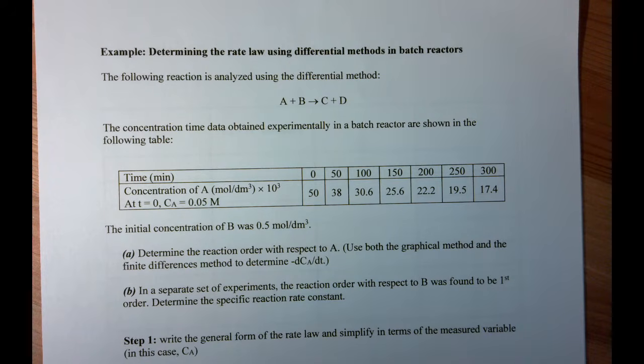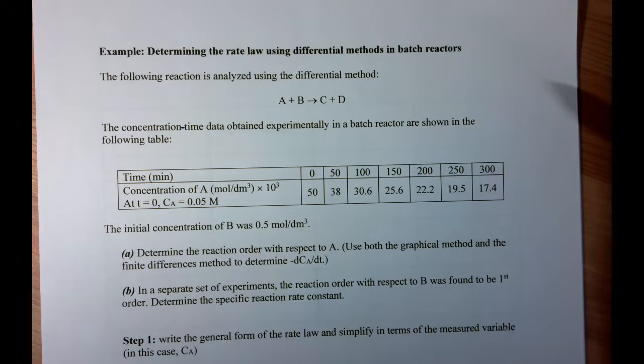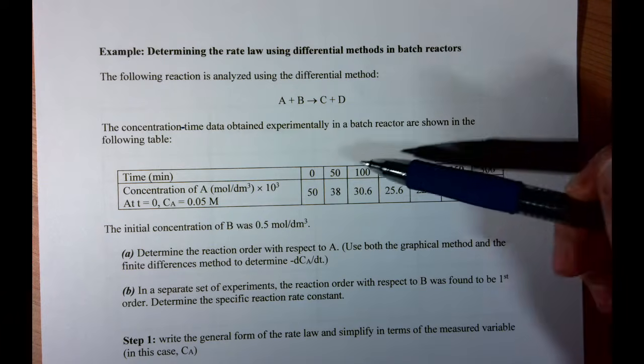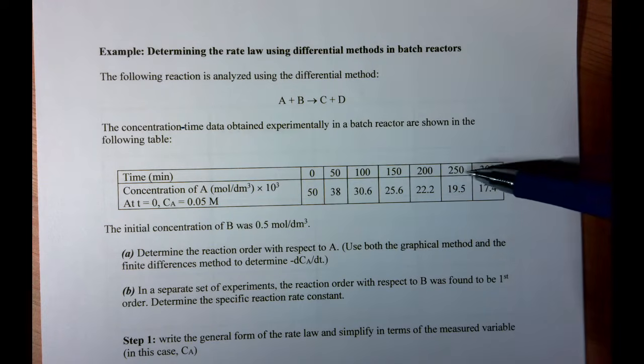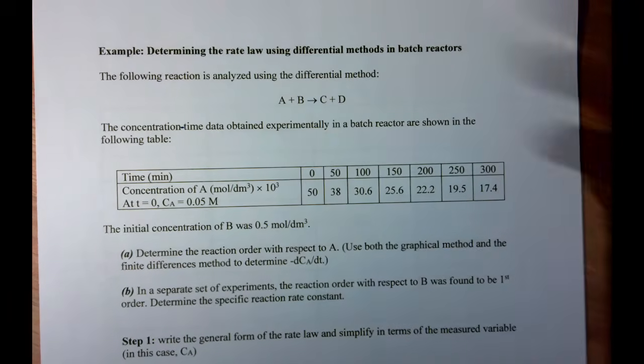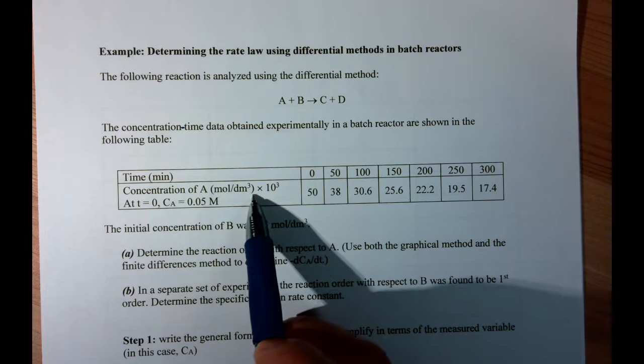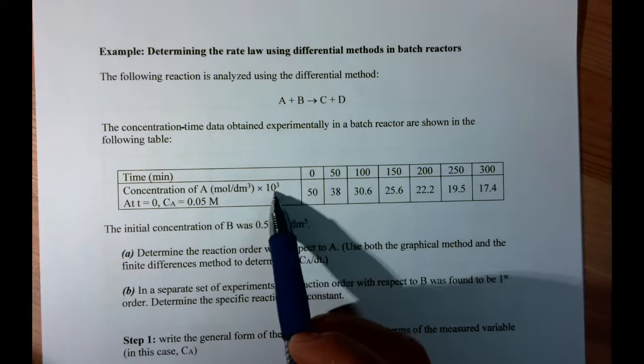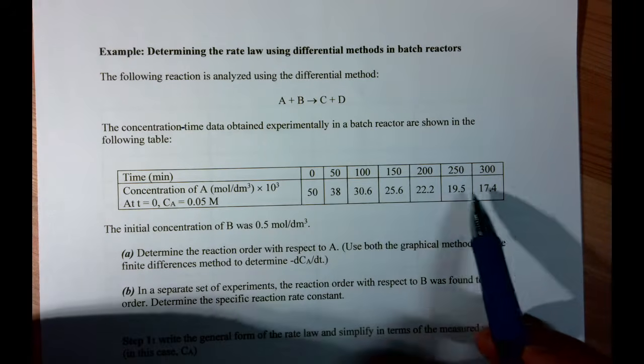And the concentration versus time data obtained experimentally in the batch reactor are shown in the following table. So you've got your time, which is at regular intervals of 50 minutes, and the concentration of A times 10 to the 3 is equal to these numbers.